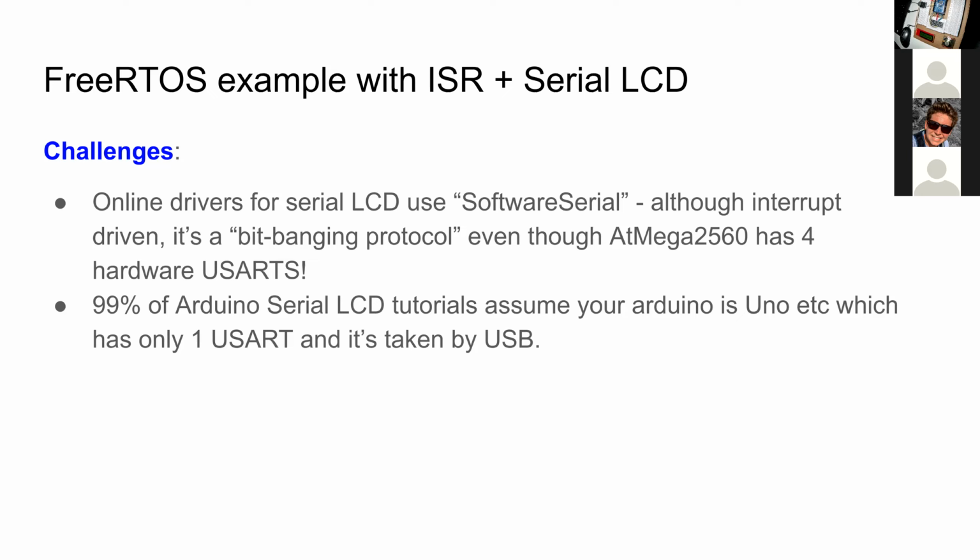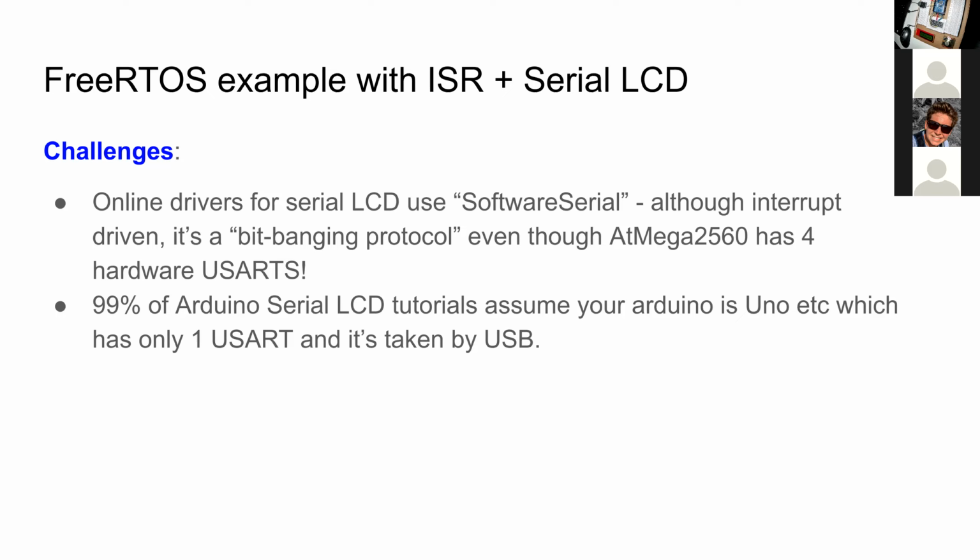Most of the Arduinos only have one, and the 0th unit is devoted to all that USB communication. So we're not allowed to use it. And so there is no other hardware USART on most Arduinos, and that's why all these tutorials use software serial.